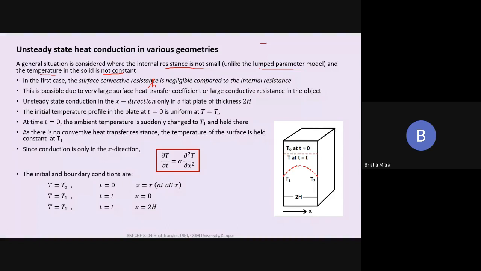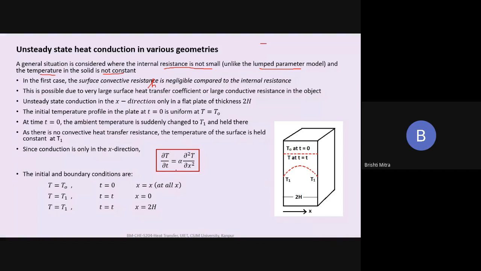That means what we have are constant temperatures here. And there's a variation in temperature inside the solid, which we can see here. And so we have to find out what is the variation of this temperature with respect to distance and with respect to time.